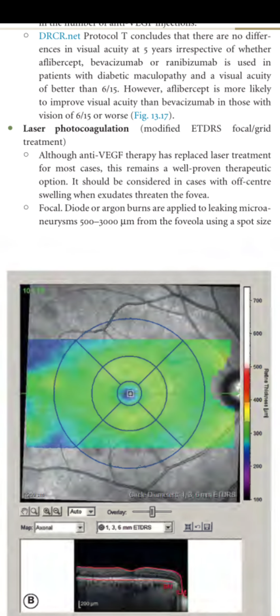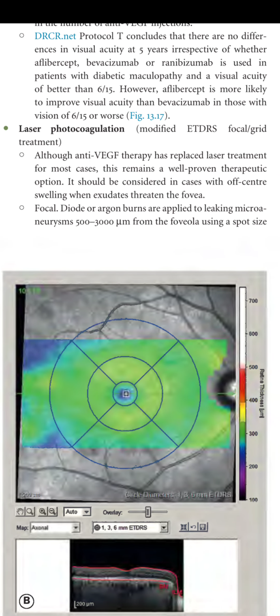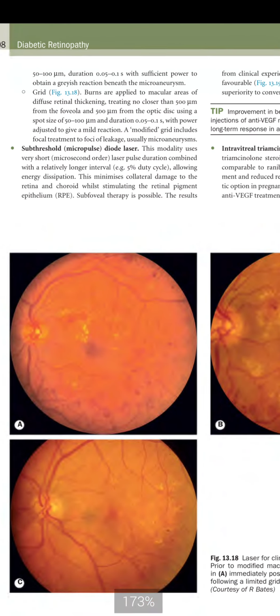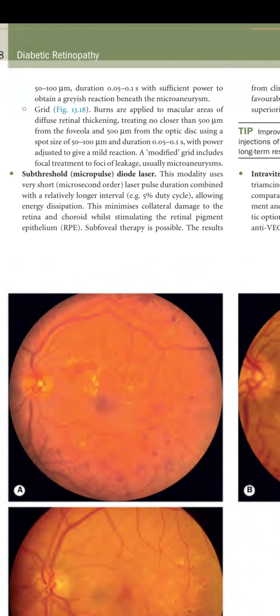Focal diode or argon burns are applied to the leaky microaneurysms 500 to 3000 micrometers away from the foveola, using a spot size of 50 to 100 micrometers, duration of 0.05 to 0.1 seconds, with sufficient power to obtain a grayish reaction beneath the microaneurysm.